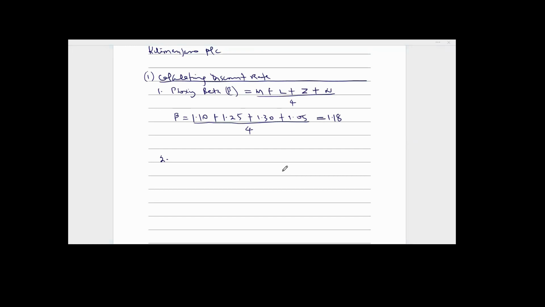It means that the average beta of 1.18 is geared. So since the beta is geared, we need to ungear it. Therefore, I would then say ungear. You ungear in order to remove the financial risk.